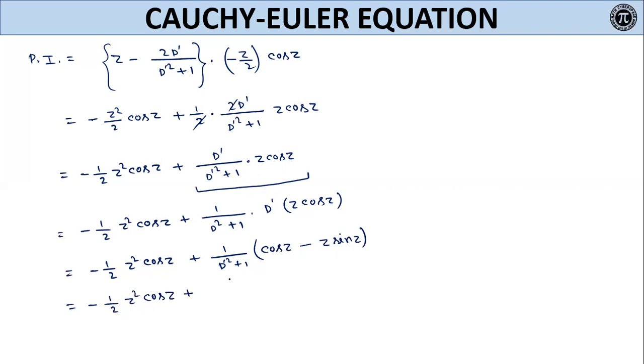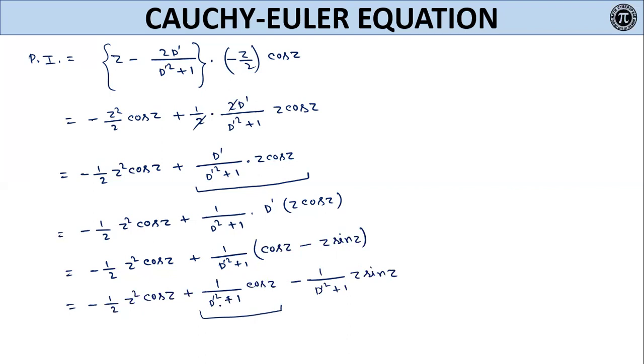That means again you are getting the negative 0 terms in denominator. So 1 by D'^2+1 cos of z minus 1 by D'^2+1 z sine z. Now simplify this part.